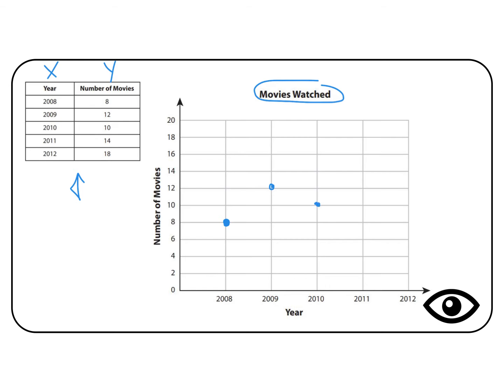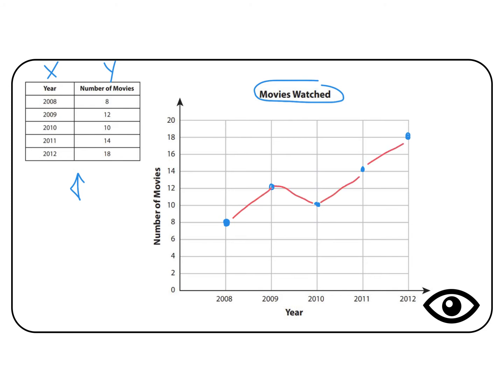In 2011, they watched 14, so over to 2011, up to 14. And my last is 2012, up to 18. Now, right here, what we have is just a bunch of data. But the key part of a line graph is the line part. So with your scribble tool or with my pen, I'm going to connect the dots to make a line.